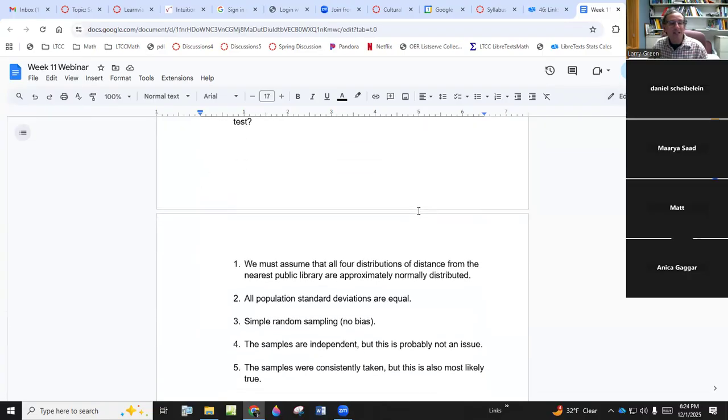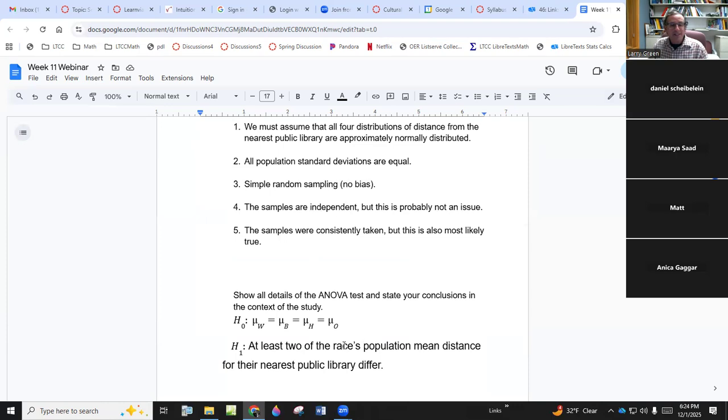And I made sure I also referred to race and distance from the nearest public library. So I took the template but put in the context, and that's something you have to do. Don't just use the template, you've got to put in the context too. Any questions on that? Okay, and that will be a requirement on the final exam, by the way.